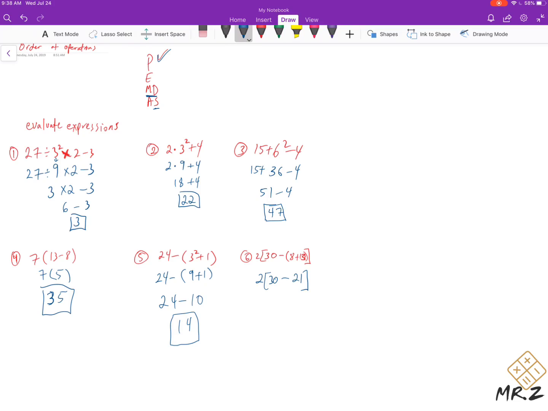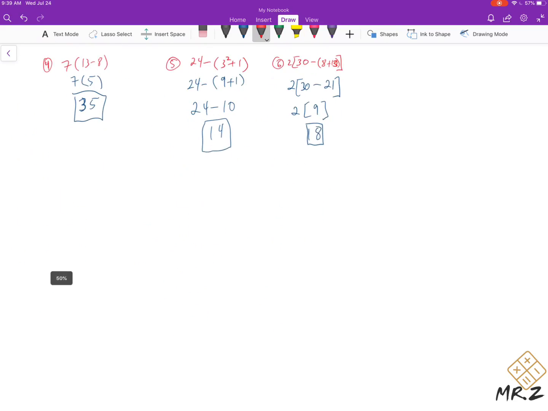Now you work on your brackets. 30 minus 21 is 9. This is the same thing as with parentheses. You have a number right next to a bracket, with no operation between that number and the bracket, so automatically think multiplication. 2 times 9 is 18. Great.